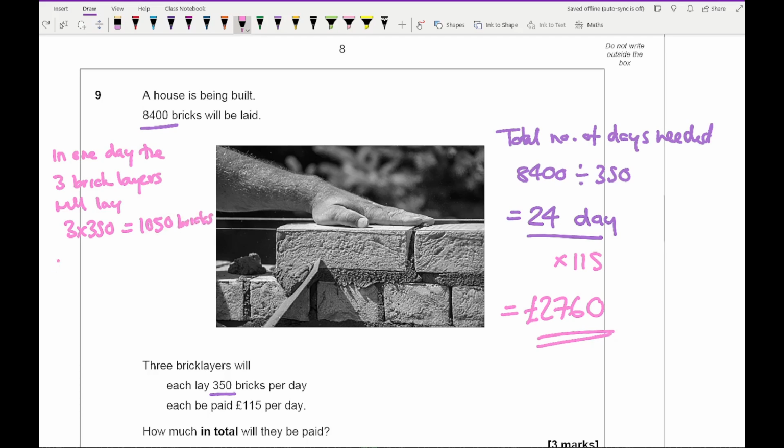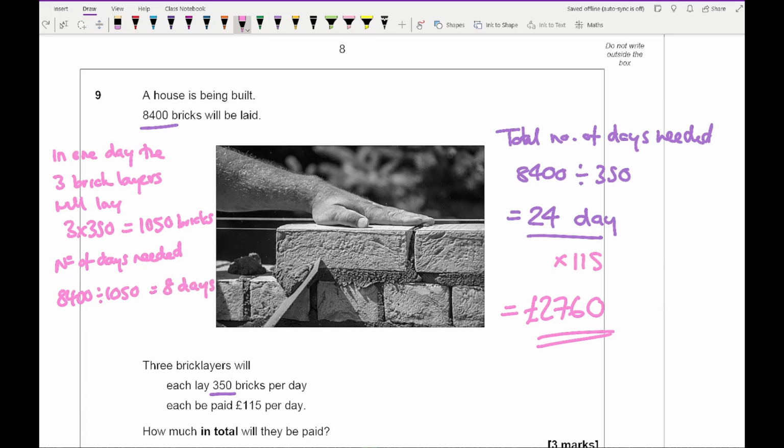So then the number of days needed is going to be 8,400 divided by 1050, which comes up as an answer of 8.